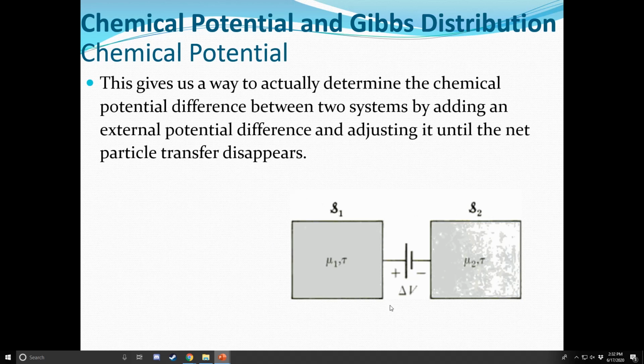So this is just another example of what I was saying before about how, if you have two systems, you can actually create this potential difference that you want by adding a battery in such a way that it forces it to balance out the potential difference.